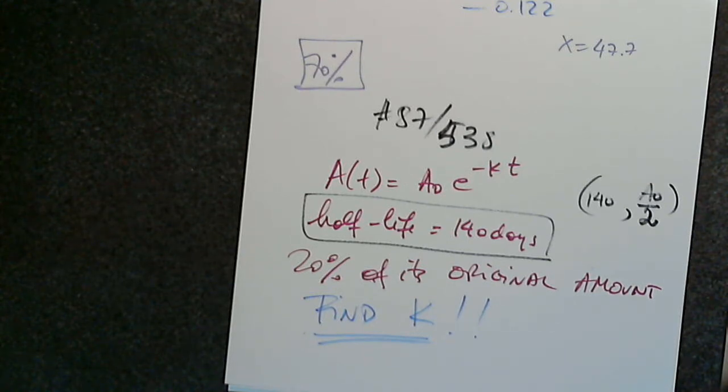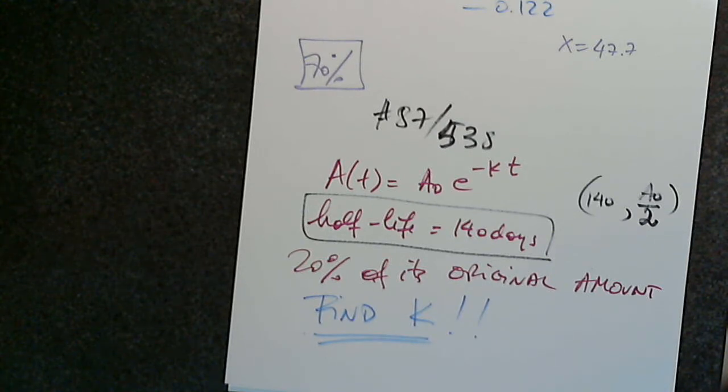Time is the independent and the amount is dependent. So when 140 days pass, then the amount we started with, which we don't even know what it is, we don't care, the original amount will be half of it, right? So this amount will be half of this, when t is 140 days.